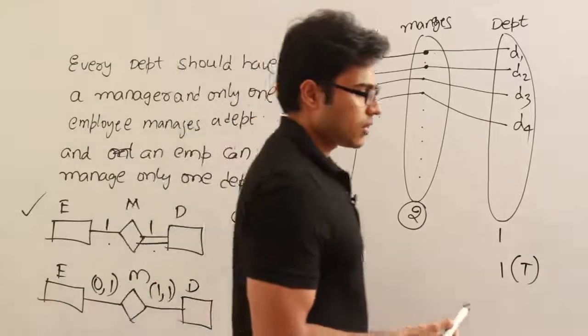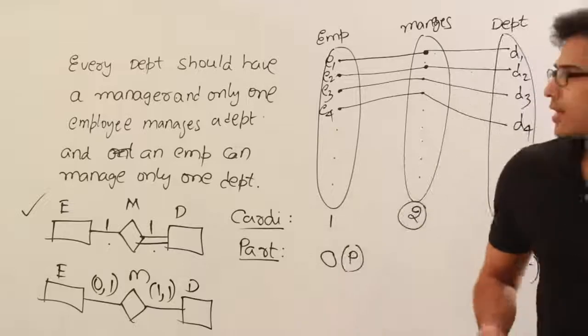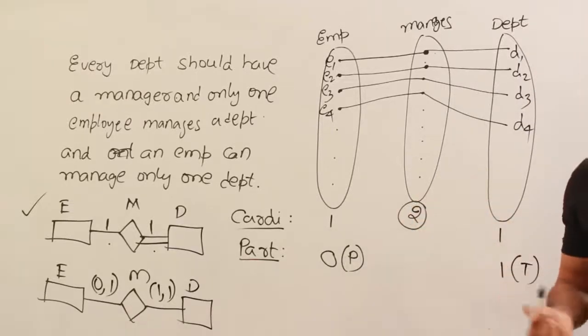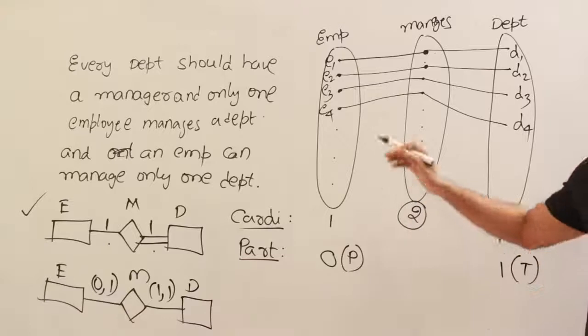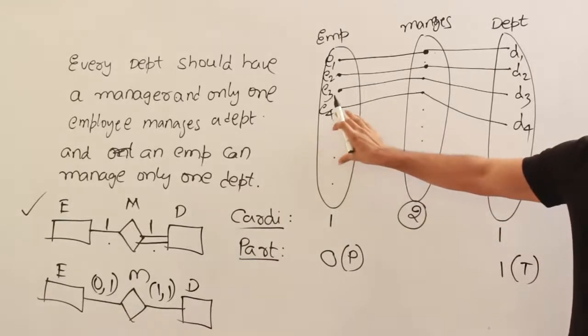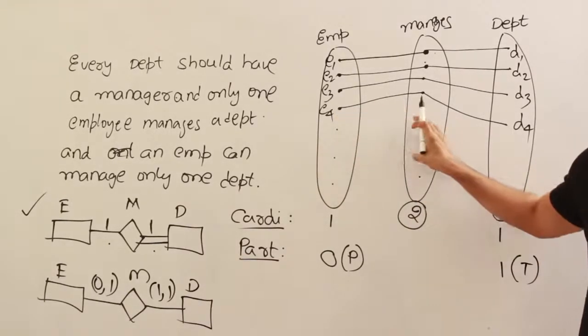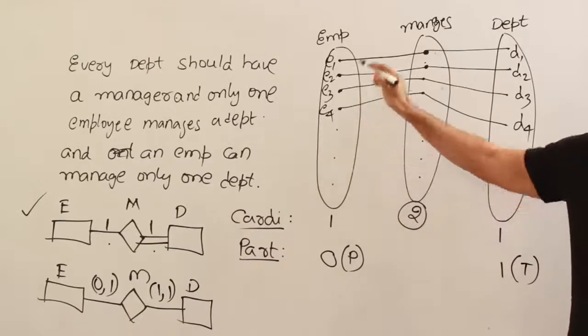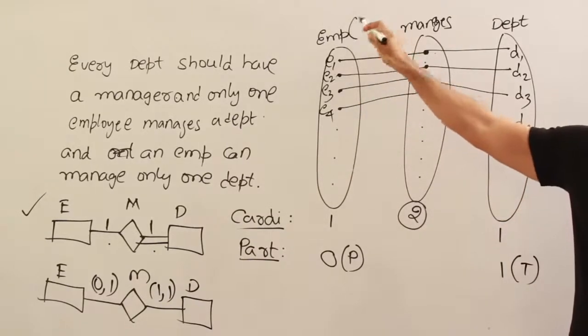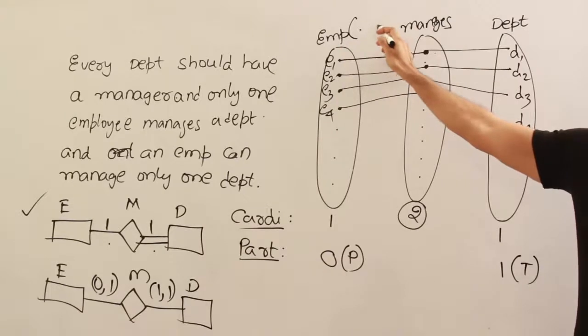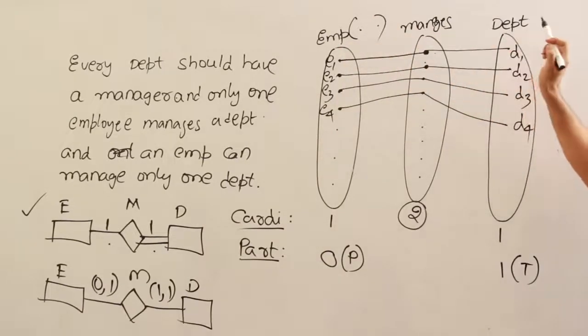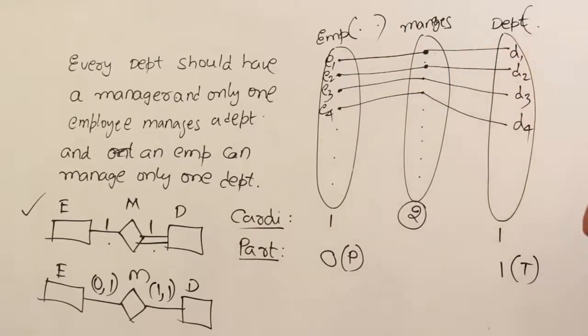Again, I didn't write any role here. If you had to write a role, what is the role of this entity type in this relationship? Manager. So you can even have within brackets the role, employee as manager. And what about the department? Department as maybe managed.